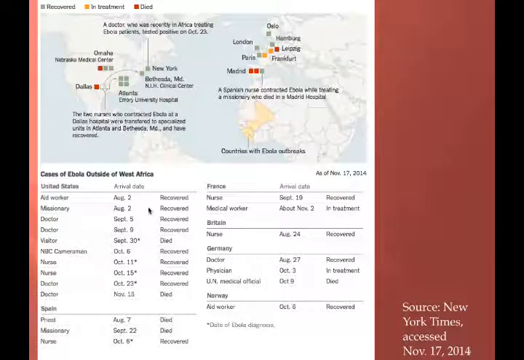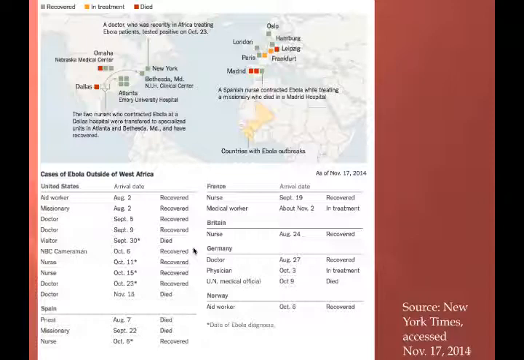And so what you'll notice is that for patients who are treated in the developed world, the fatality rate is much lower. These are very small numbers, but we're looking at 10 or 20% with advanced medical care, and in hospitals that have done specific training in advance on how to care for these patients. There have not been cases where healthcare workers have been affected.